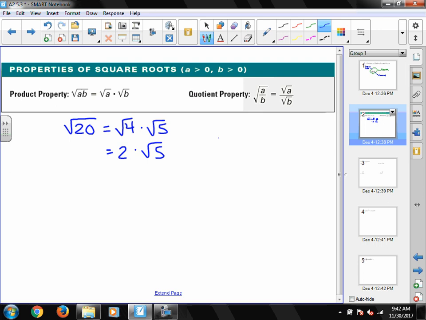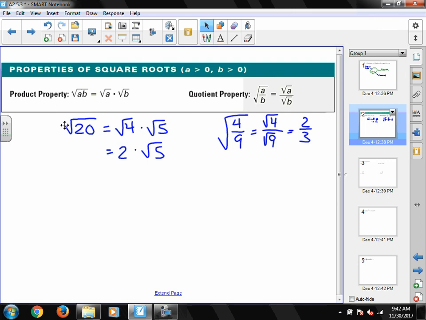So if I look at the square root of 4/9, I can take the square root of 4 over the square root of 9, which is going to give me 2/3. Square root of 4 is 2, square root of 9 is 3. So we're going to use those to help us simplify some radicals a little bit.